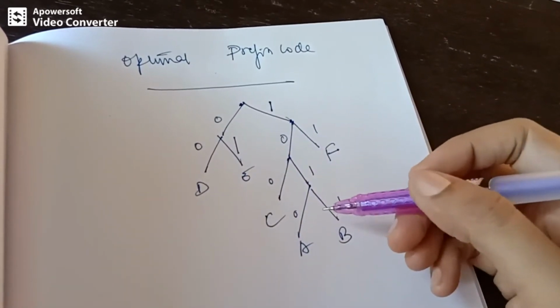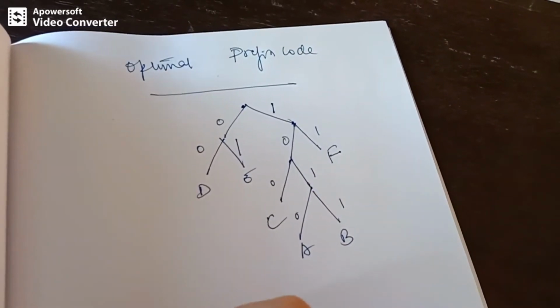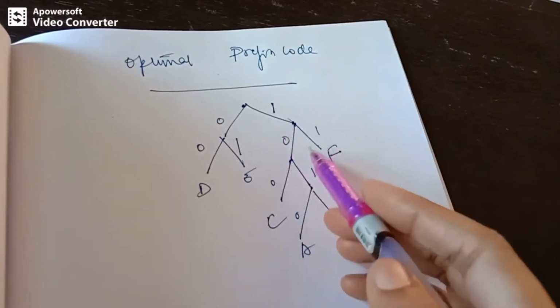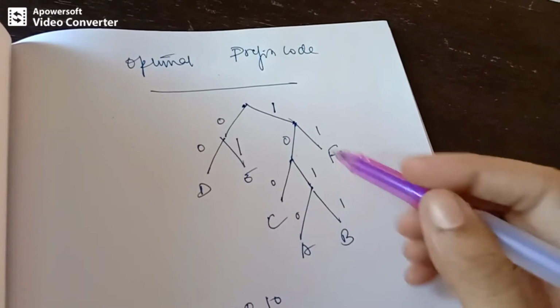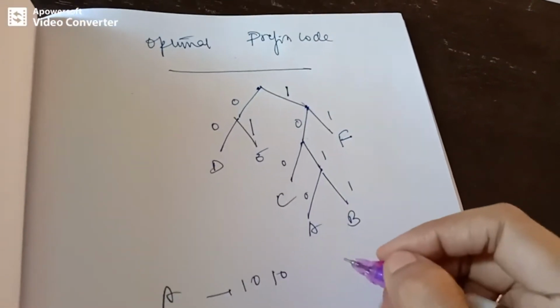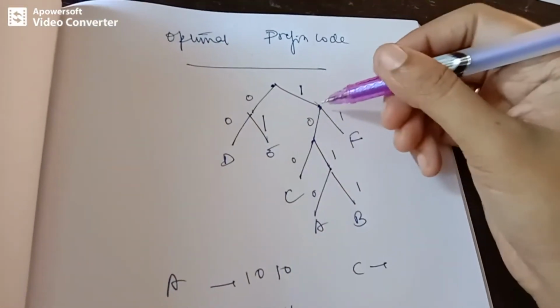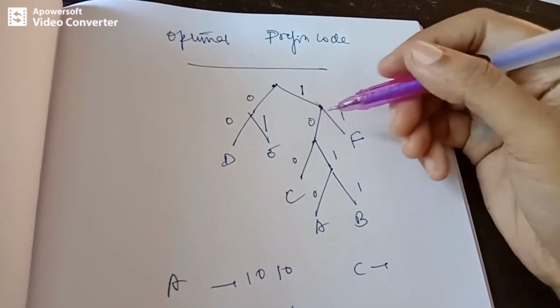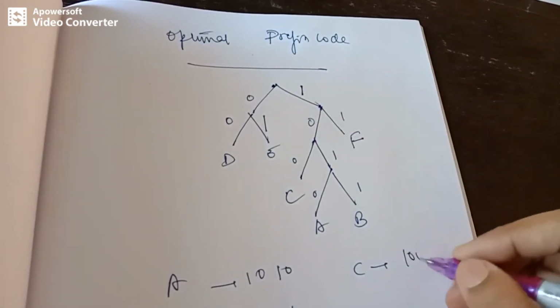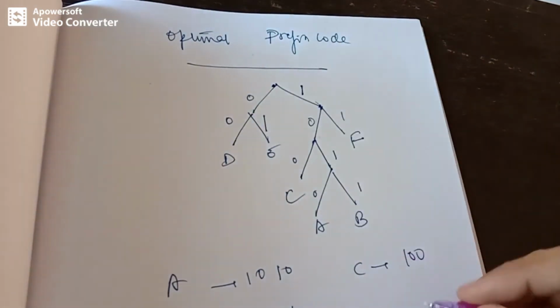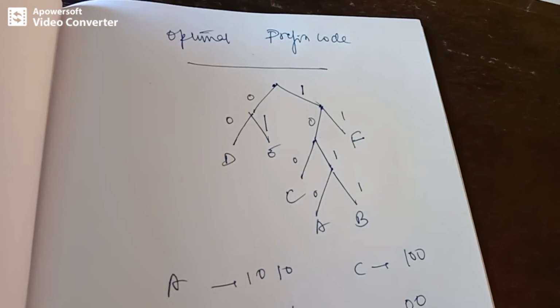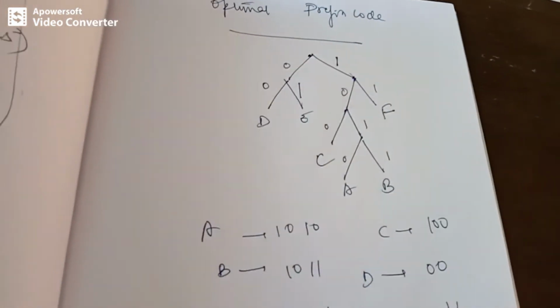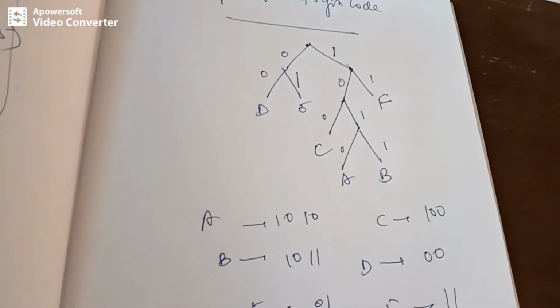I just labeled the edges with zeros and 1, and you can observe that the sequence for A will be 1010, and for B we are getting 1011. For C the optimal prefix code is 100. For D we can have 00. For E we can have 01. For F it is 11. Okay, so this is the optimal prefix code for the symbols.